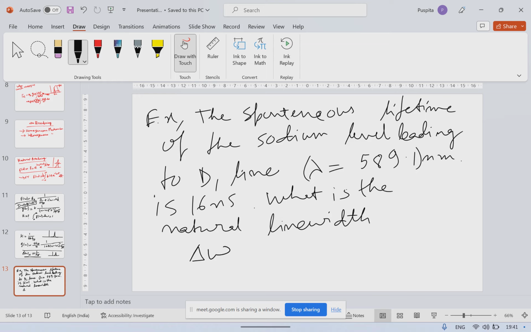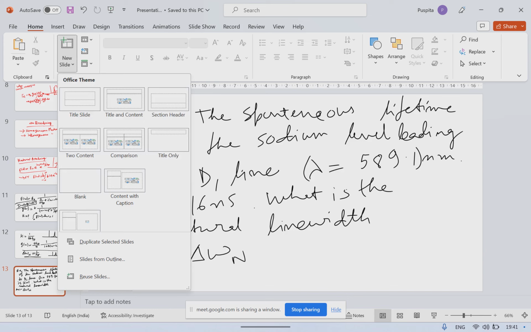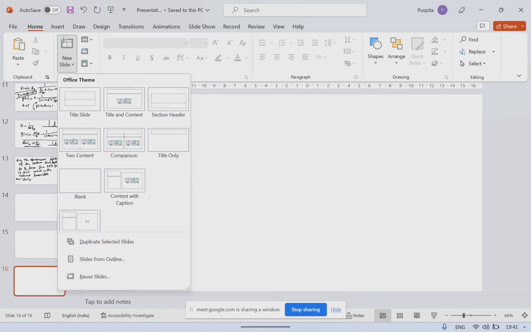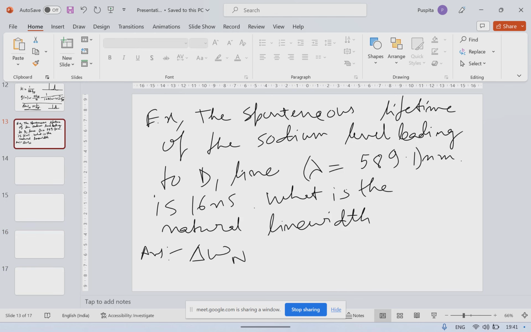So we know delta omega n is equal to 1 by TSP. So from that we can say delta nu n is equal to 1 by 2 pi TSP.